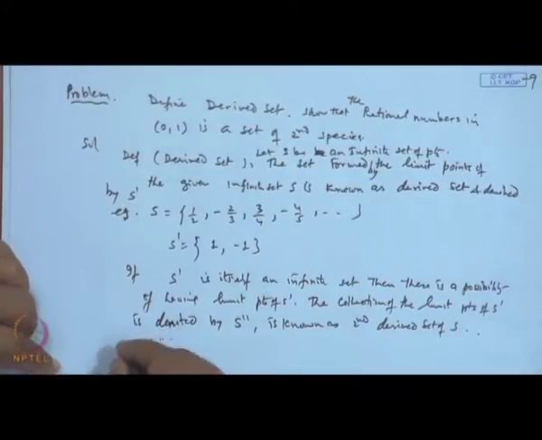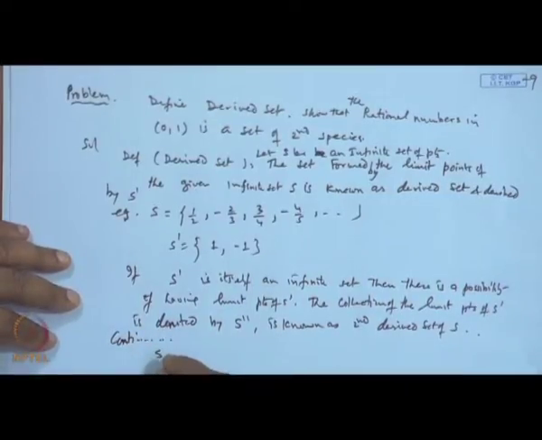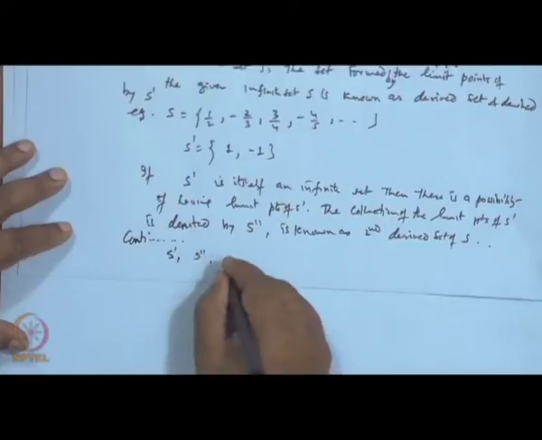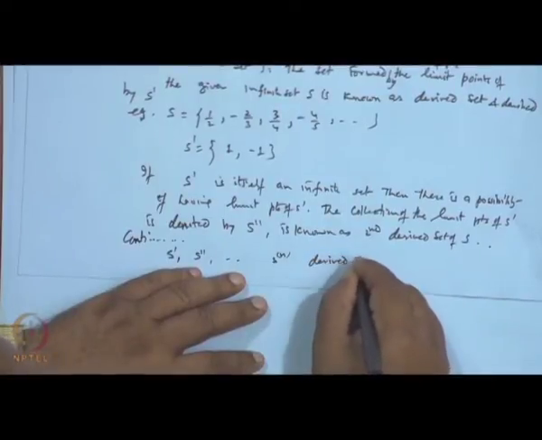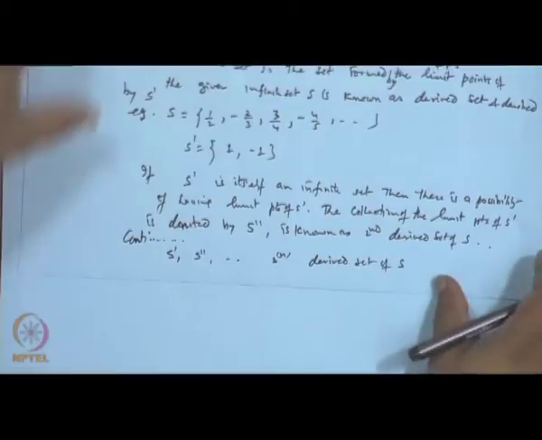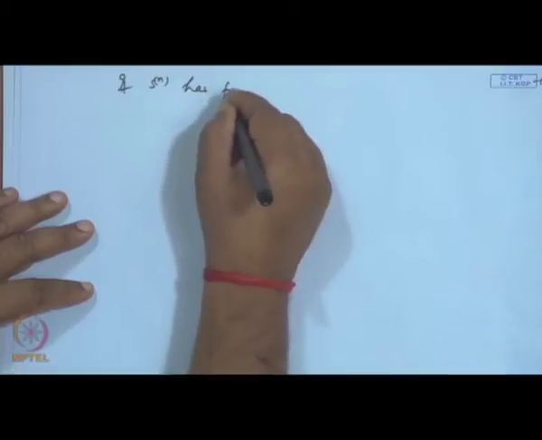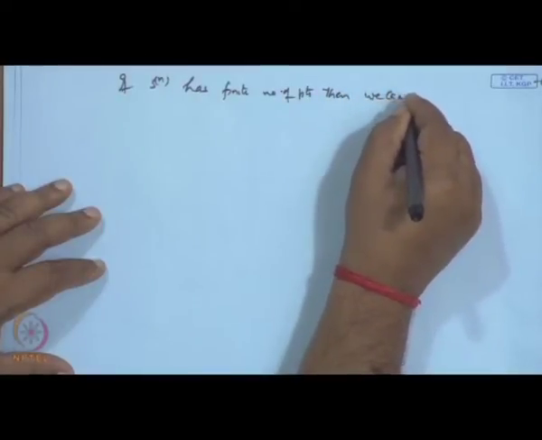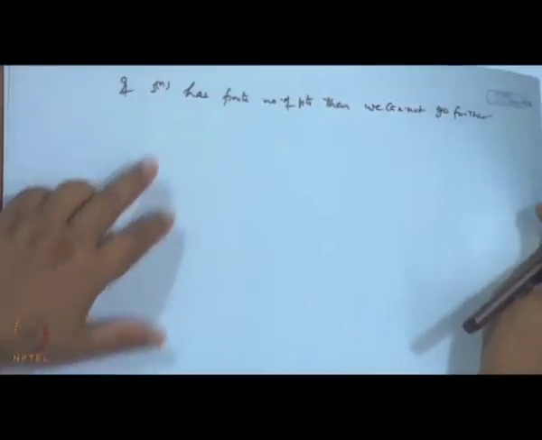Proceeding this way, S dash is the first derived set, S double dash is the second derived set, S n is the nth derived set of S. If S n, the nth derived set, has a finite number of points only, then we cannot go further; we are unable to get a limit point of S n, and we stop here.